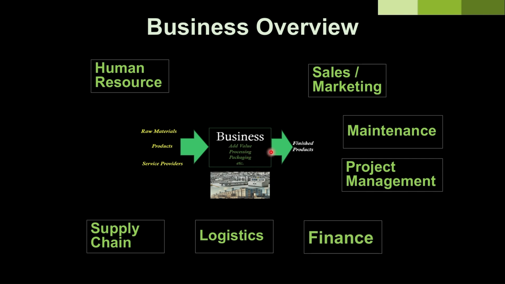You equally need finance, because when you are procuring raw materials, you're spending money. And when you are selling finished products, you're actually generating revenue. So whether it's a cost to the business or revenue to the business, those activities that generate revenue or generate costs or expenditure would have to be managed by finance.